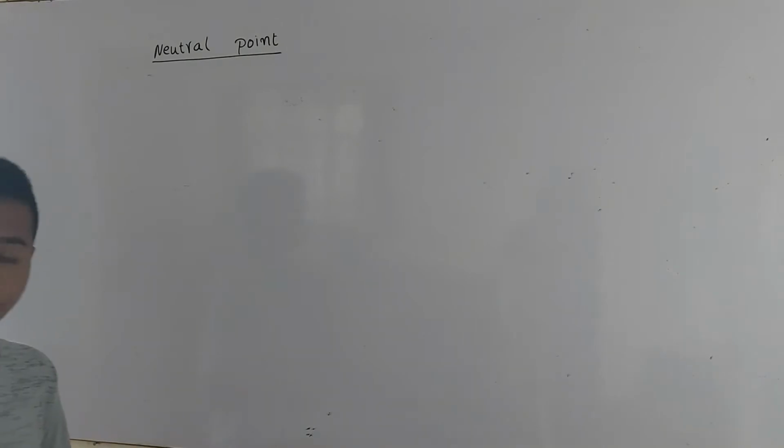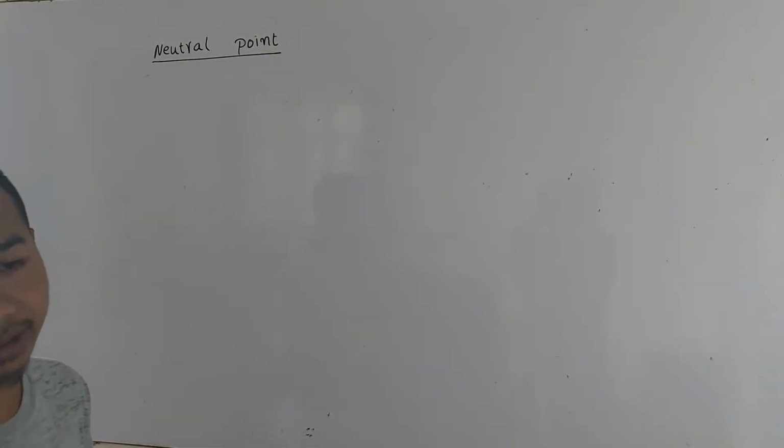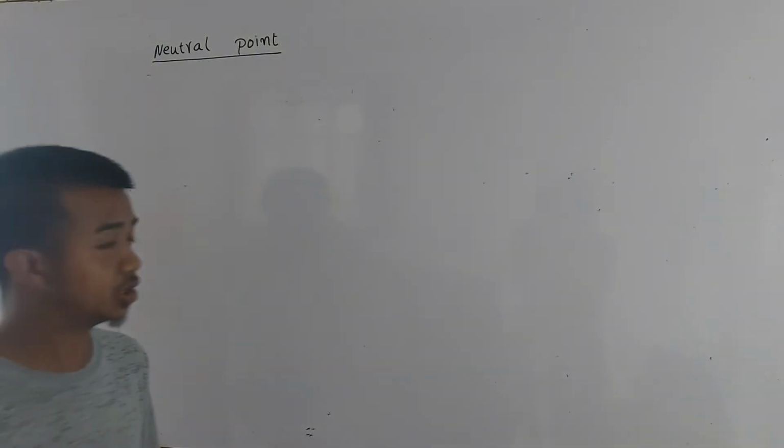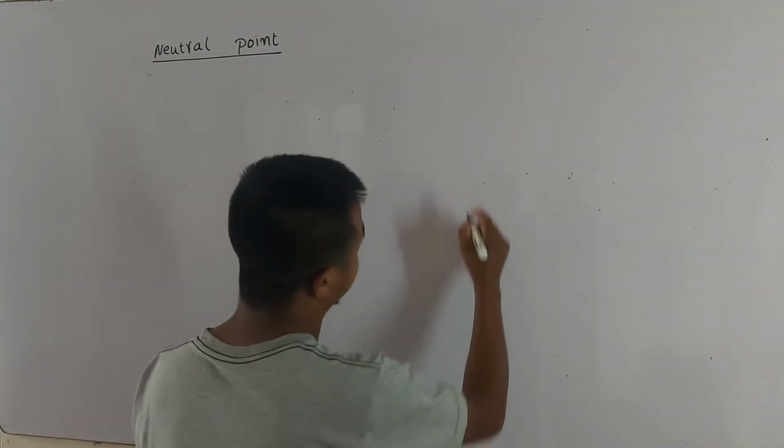Hello everyone. The topic that we will be discussing is the neutral point. Earlier we have learned that depending upon the sign of the source charge, the direction of the electric field lines of force changes.